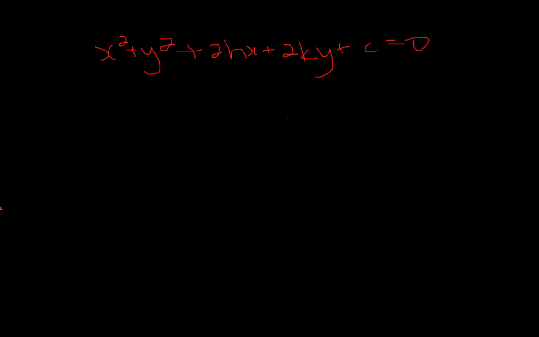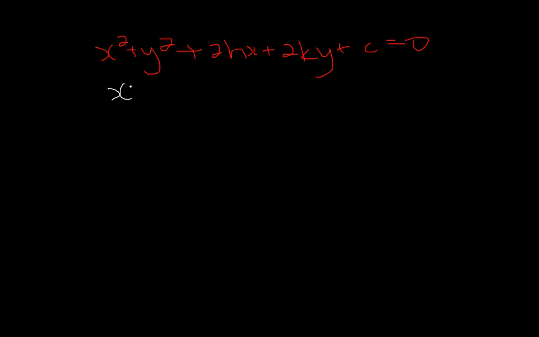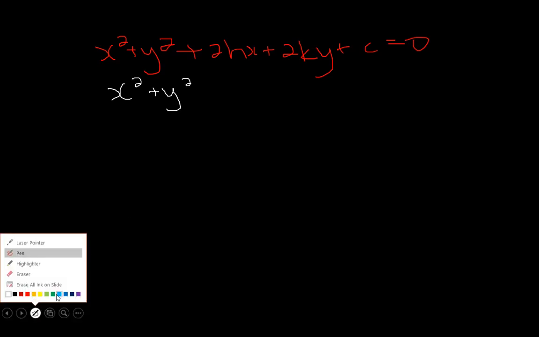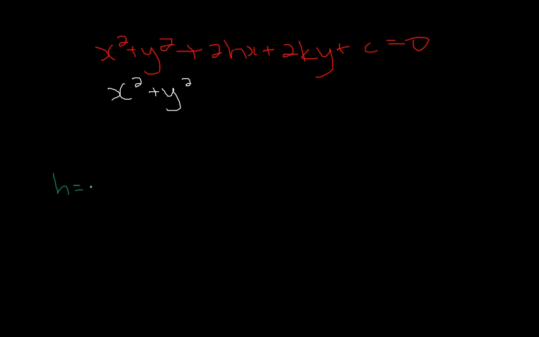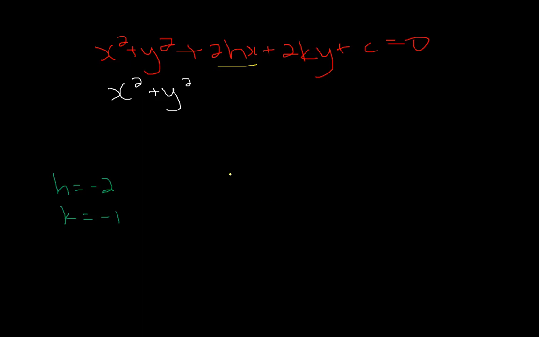Let's see, is equal to 0. Square plus y squared. So that h is minus 2 and k is minus 1. Looking at this, 2hx is the same as 2 times h times x.